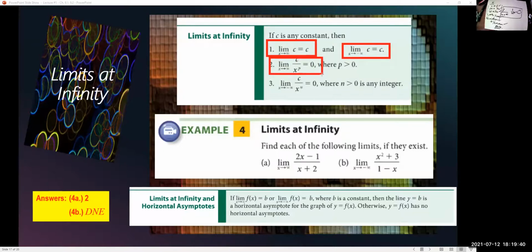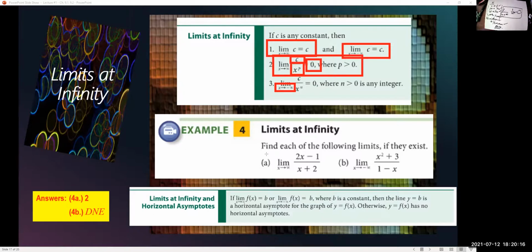The limit as x approaches infinity of any number over x to the p, whether it's 1 over x or 25 million over x, is still going to be 0, because as we approach infinity, whatever that number is, c, infinity will always be bigger than c anyway. So the point we're trying to make is the limit as x approaches infinity of any formation of a number on top and x to any power on bottom, we can just assume will always be 0. And it works also for approaching negative infinity as well.